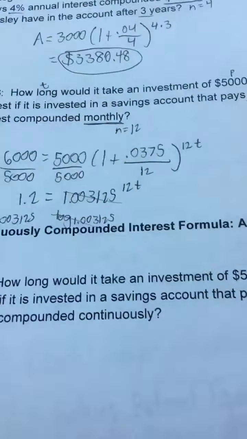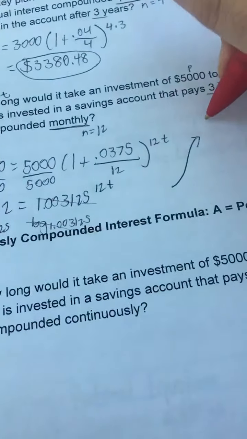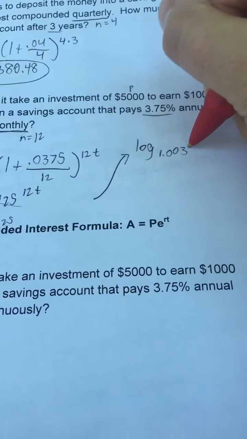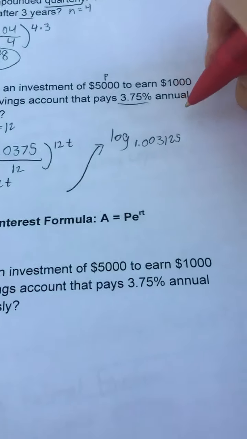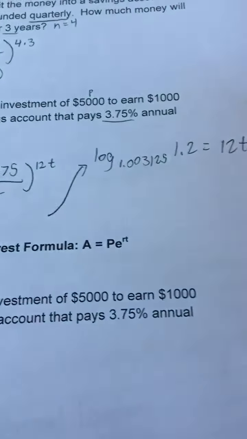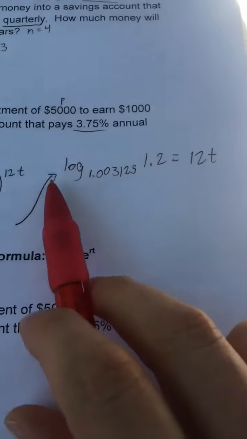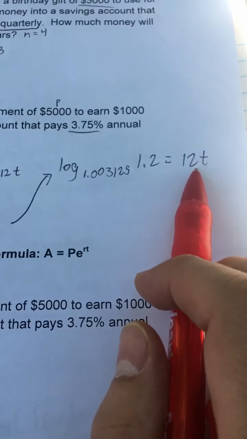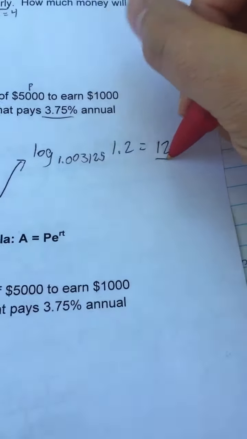So I'm left with just, over here, log base 1.003125 of 1.2 equals 12t. Be careful when you're typing that in. I'm going to have to type this big log monster in my calculator, and then what do I do with 12t to get t by itself? I divide by 12.